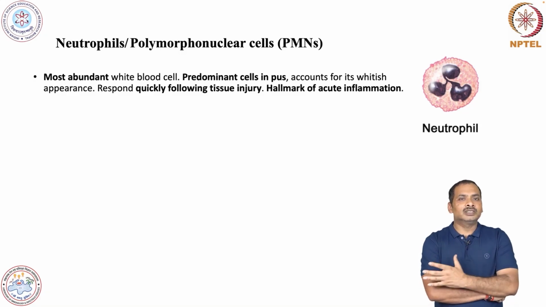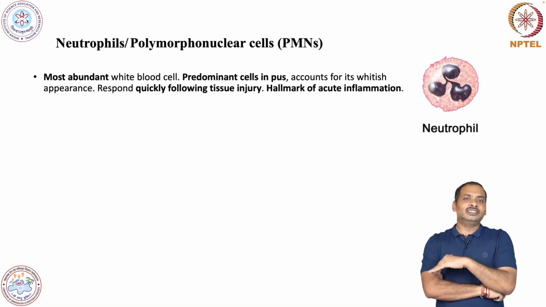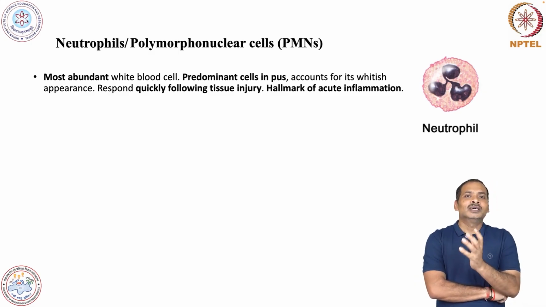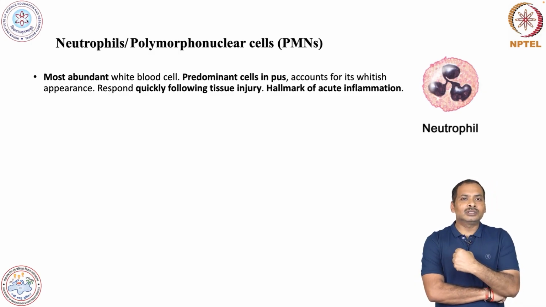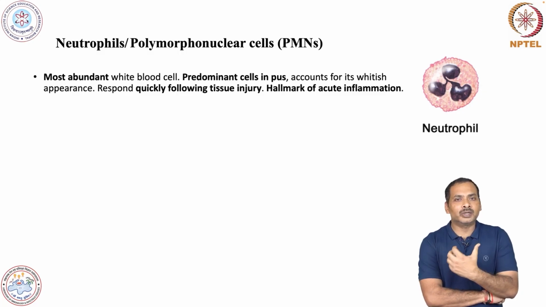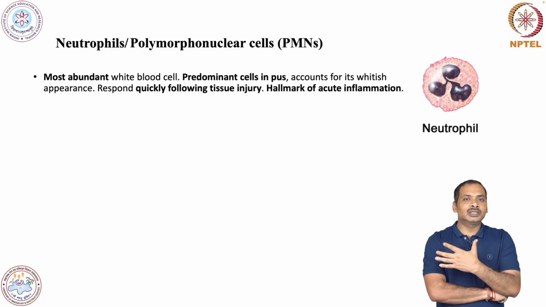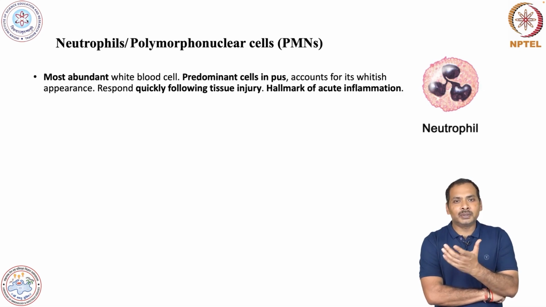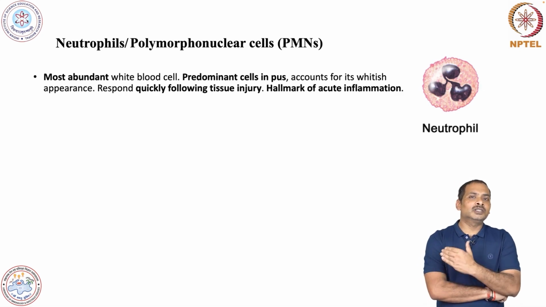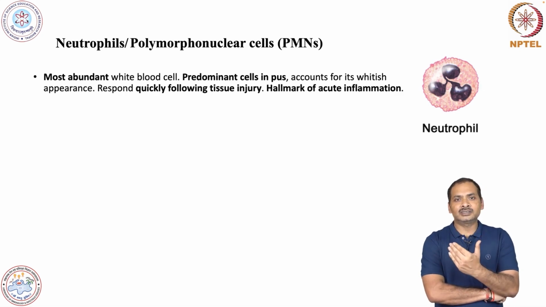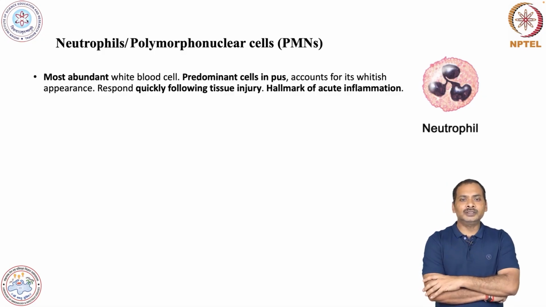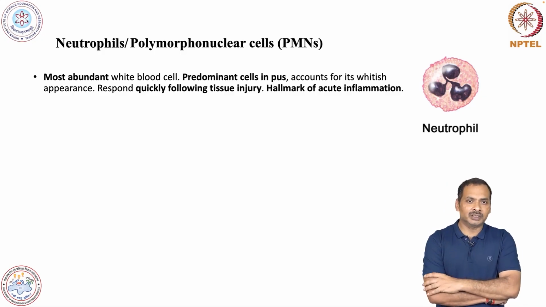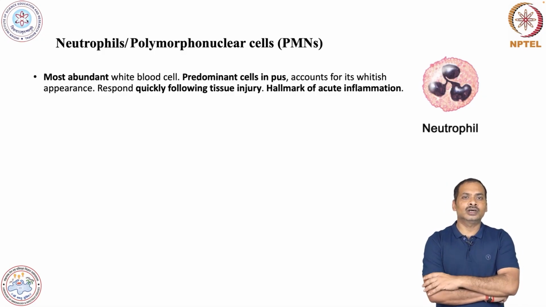During the battle there will be a lot of damage from both sides, the pathogen side as well as the host side, and that results in the accumulation of pus. Pus is basically dead cells and some live cells, and the predominant cells in pus are neutrophils. That is why it is white in appearance, because neutrophils are colorless.